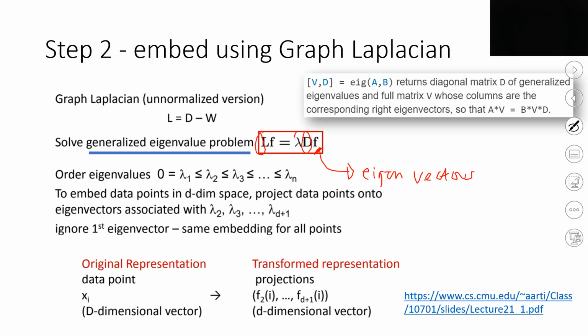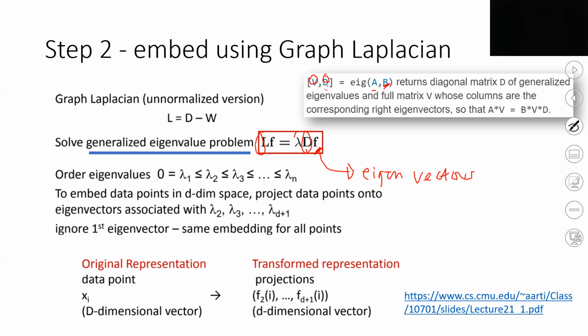This generalized eigen decomposition is a function that takes A and B, two matrices. Remember this D is different from this D here. It takes two matrices and gives you the eigenvectors and eigenvalues.